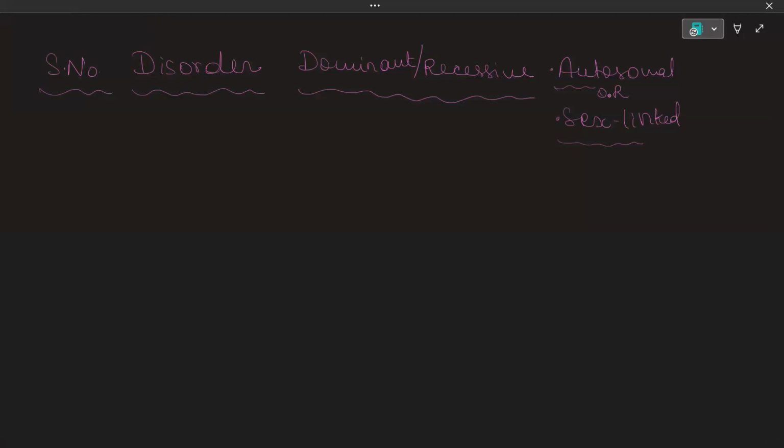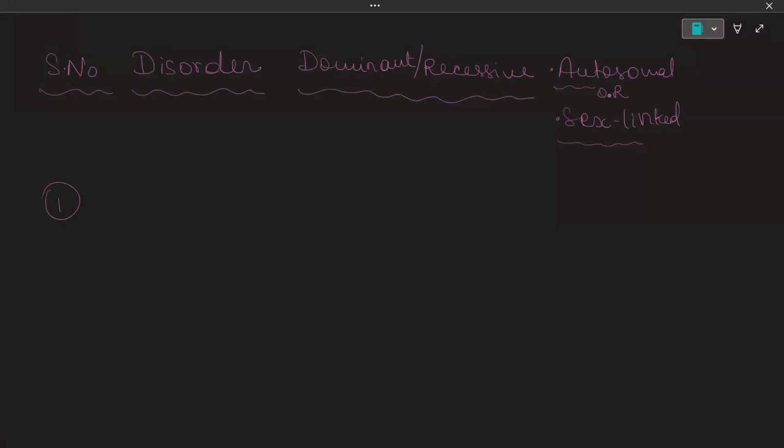But there is another name, that is allosome. Allosome is for sex-linked cells, the sex cells or germ cells, and autosome is for the somatic cells. So this is what we are referring to: the disease caused because of the body cells or the disease caused because of the germ cells.